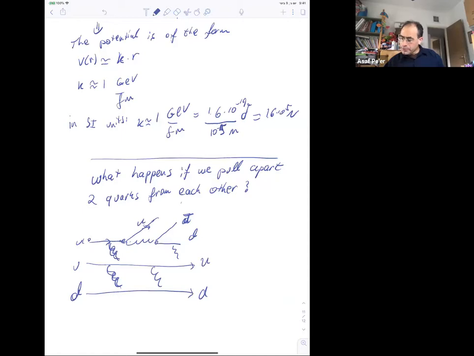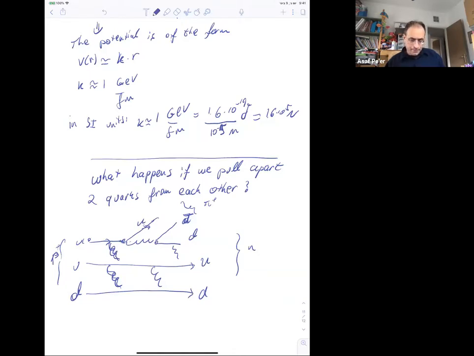So we end up producing a new meson. This is the charged pion, and this is a neutron. So that's really what happens. We try to pull away a quark from its friends, then we end up producing mesons.